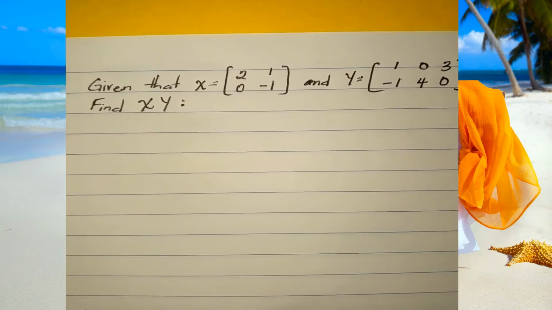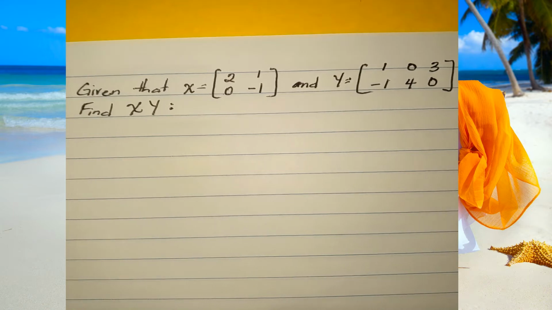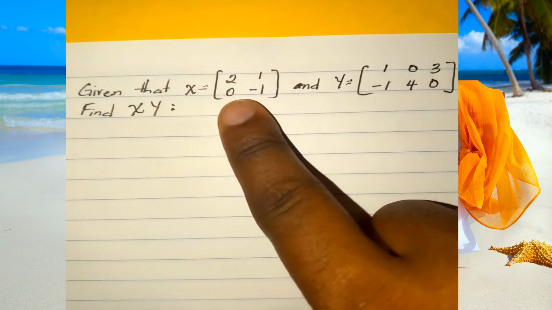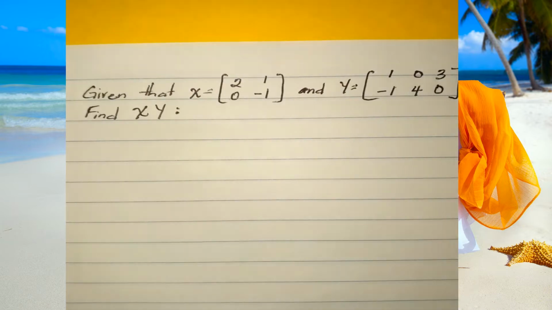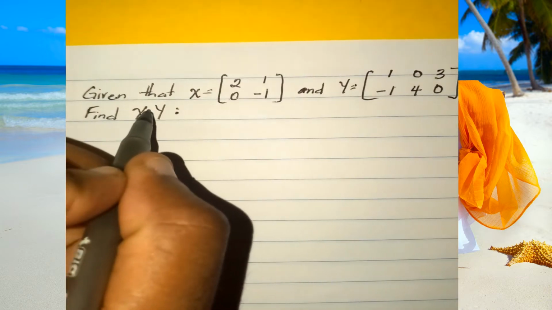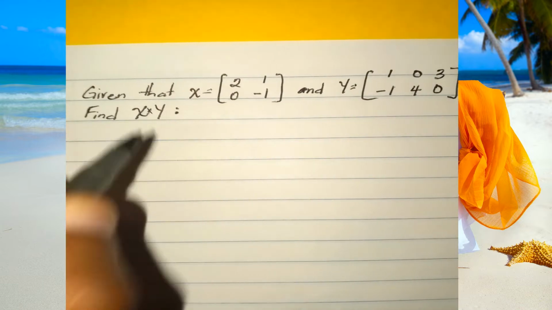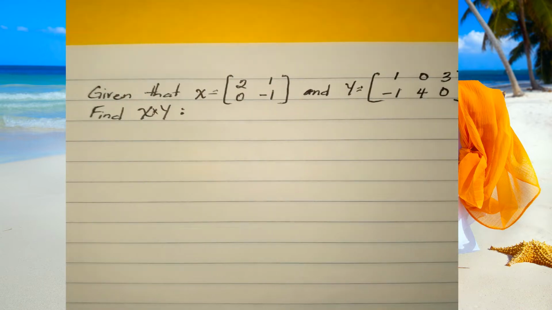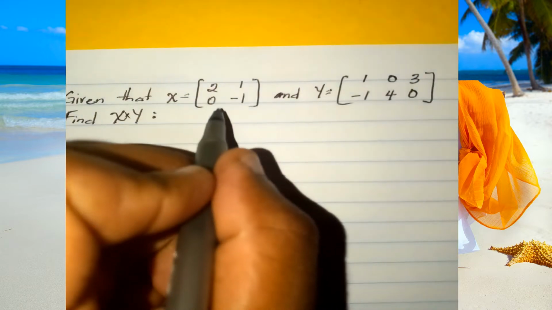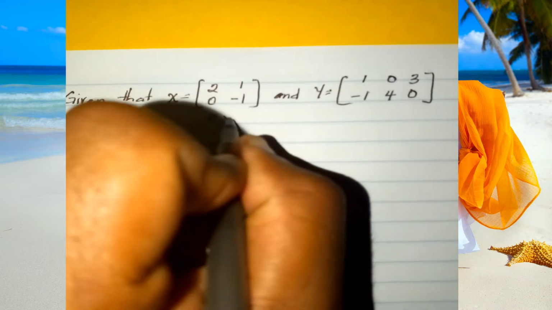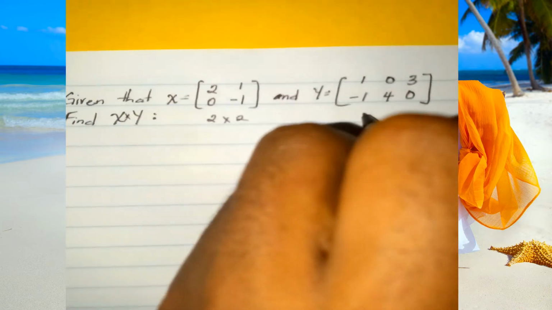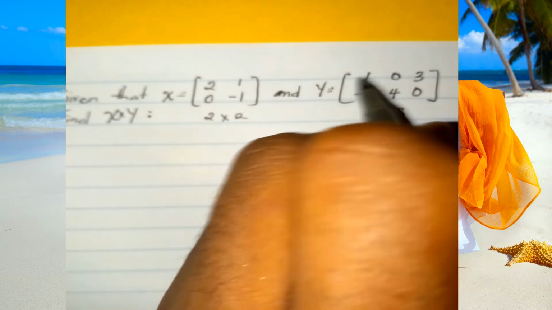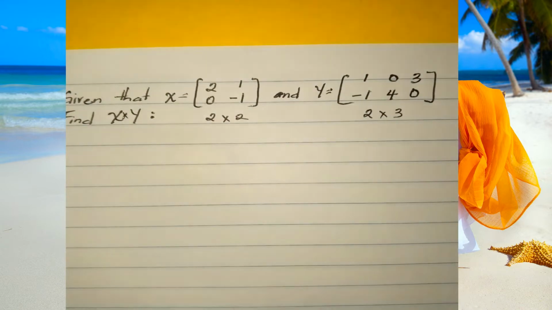So here we have another question, and it says, given that X is this matrix and Y is this matrix, find XY. And this means we're going to multiply the matrix X with the matrix Y. But first we need to check if they are conformable. So the order of matrix X is 2 by 2, and the order of matrix Y is 2 by 3, because 2 rows and 3 columns.